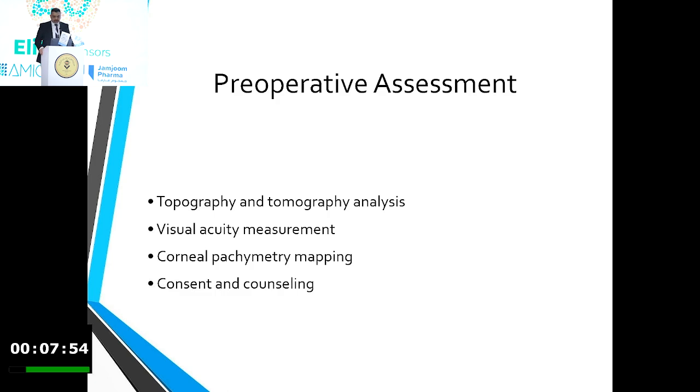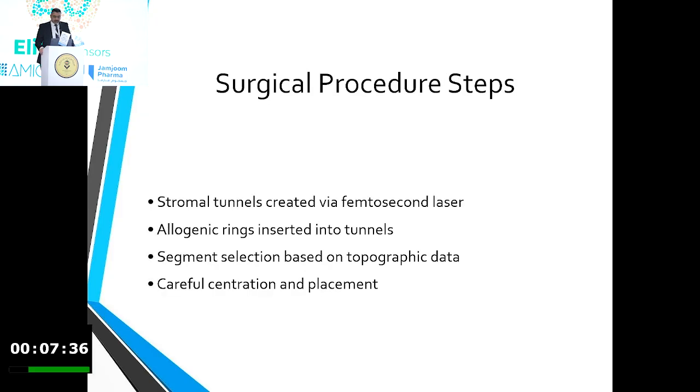The preoperative assessment uses topography and tomography analysis. Usually I use the Pentacam for assessment, visual acuity measurement, corneal pachymetry mapping. This is also from the Pentacam, and patient counseling.